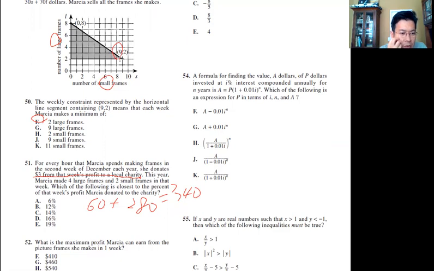Four large one and 3 small one she made from that week's profit local charity. Each year she donated $3 from that week's profit.